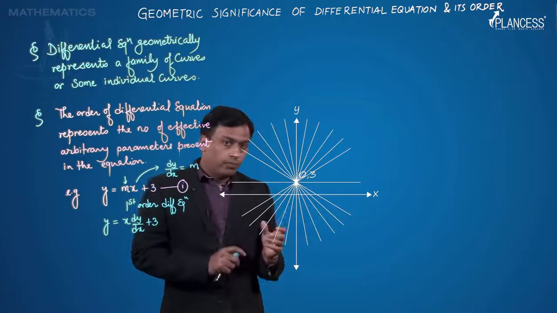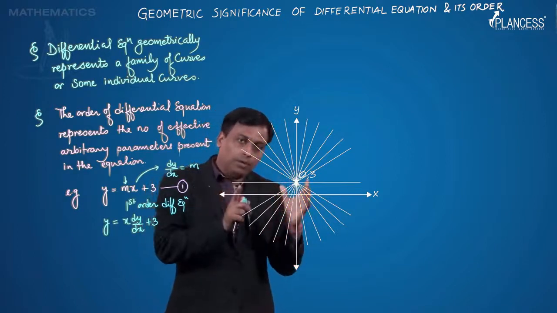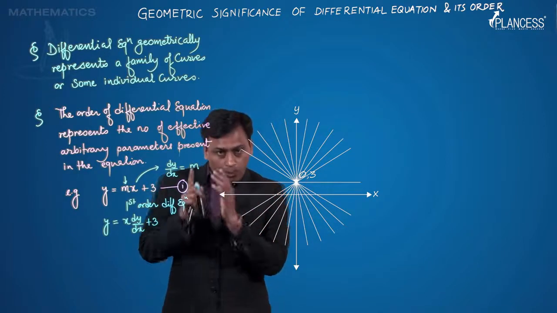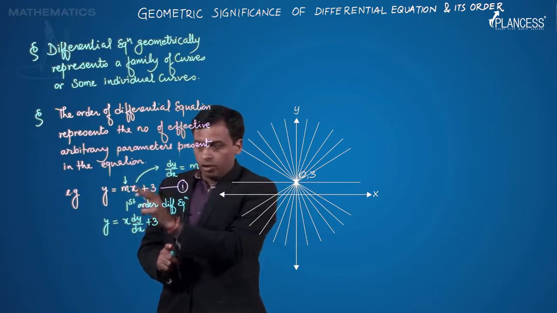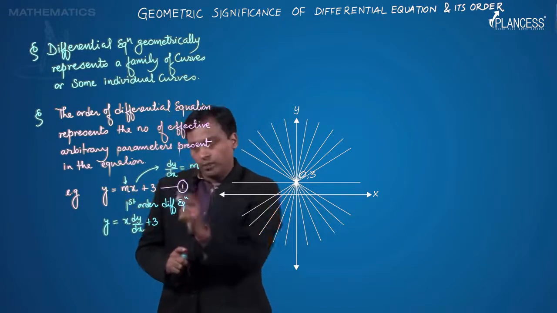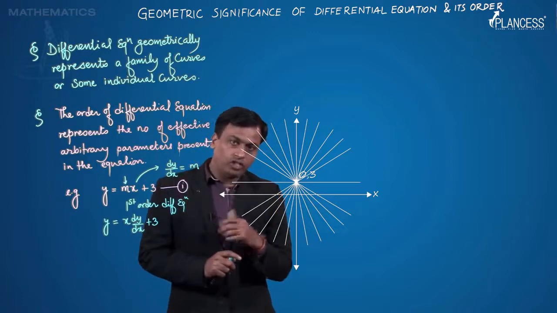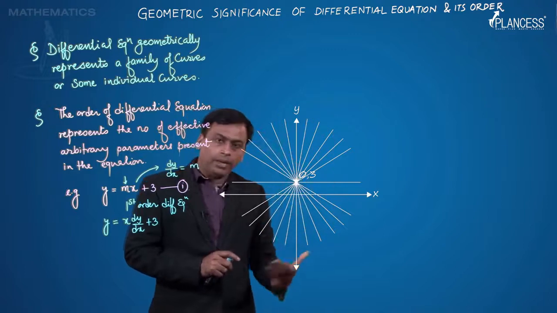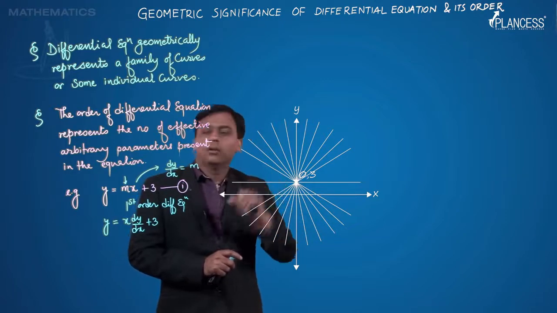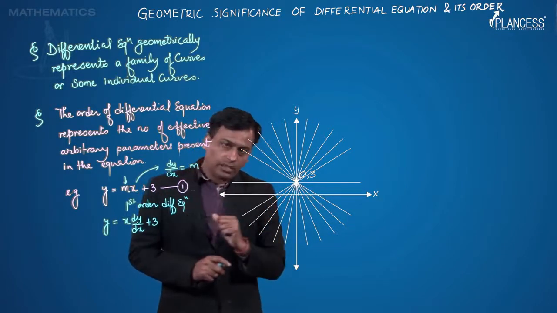Not only that, it is noticeable that if we plot the line corresponding to every real value of the slope, you will see that the entire xy plane gets covered by these lines once.